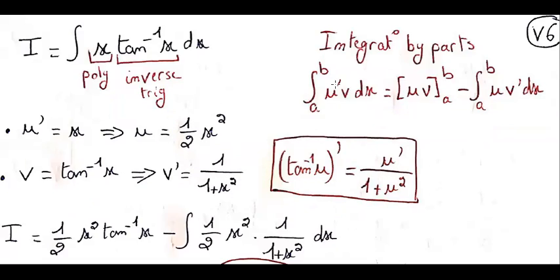So applying the rule of integration by parts, I would get u v, so half x squared tangent inverse x, minus integral u v prime, so minus integral half x squared times 1 over 1 plus x squared.